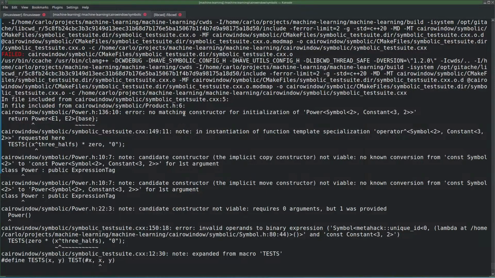You omit a constructor initialization of power symbol constant. That's weird, of course, because they definitely should exist. In instantiation of function template specialization, blah blah, no known conversion from const symbol to const power symbol constant for first argument.